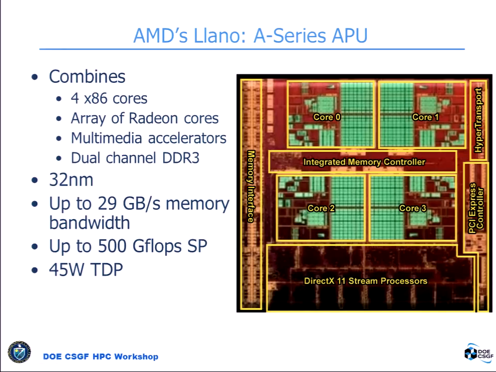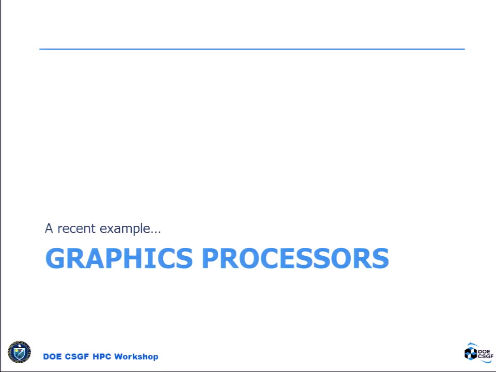And the reason for that, and you can talk to people at AMD and Intel and other places, is just to keep the power down. They have all that functionality there and available transistors, so you're going to see more and more of this. And that little chip itself in single precision can give you up to 500 gigaflops of processing power. That's huge compared to where you would be if you were only using the 4 x86 cores. And it's only 45 watts, the thermal design point.